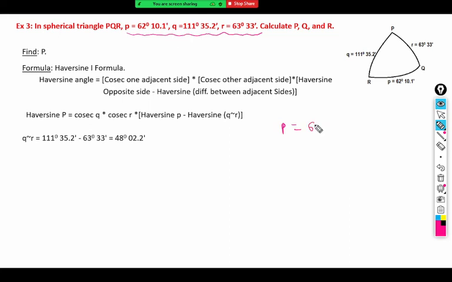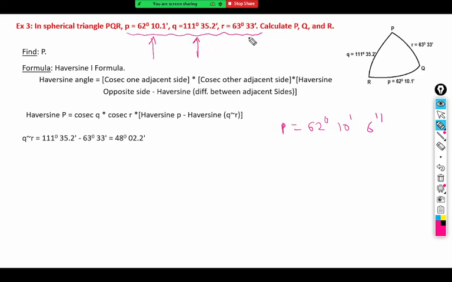You take it like this: 62 degree, 10 minute, and now 0.1 minute is there. How to convert 0.1 minute to the second? Yes, anyone? 6 seconds. 0.1 into 60, that is 6, correct? 6 seconds. So this way you have to enter the data, not this data directly. Calculator will not take this data.